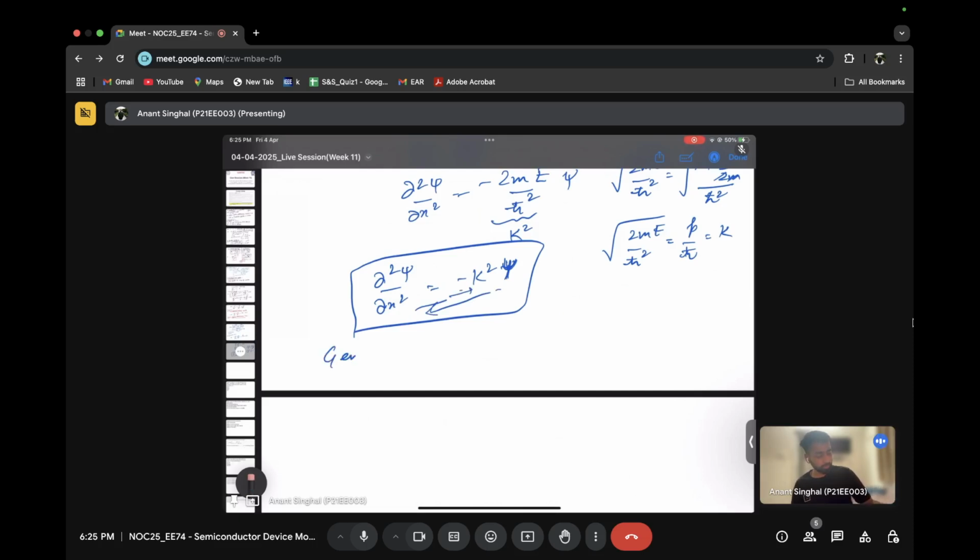The general solution for this equation is psi of x equals A sin kx plus B cos kx. Try to differentiate it twice, and you will get the same thing. Does anyone want to do that, or should I just move ahead?